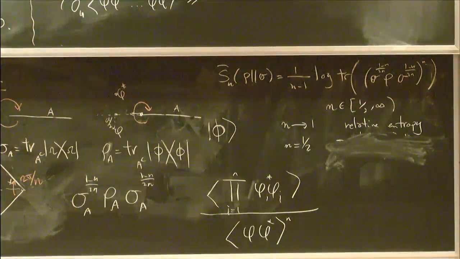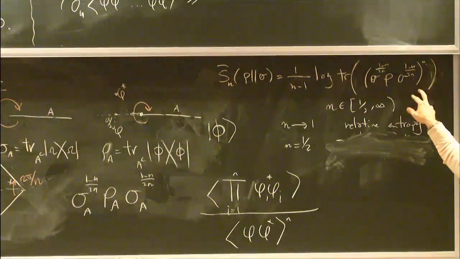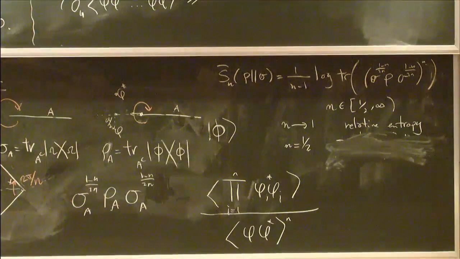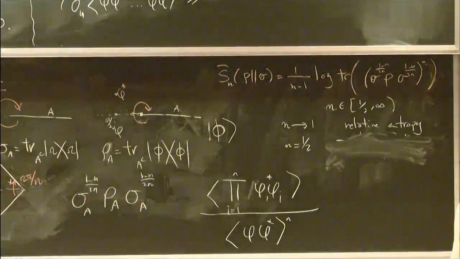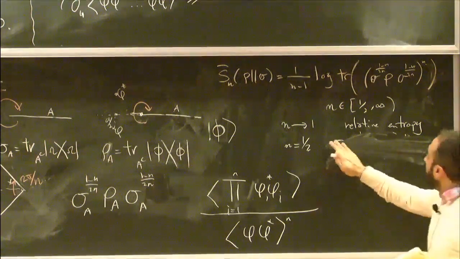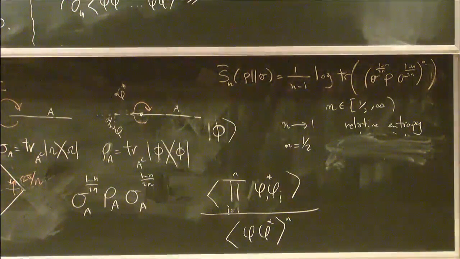All right, so let's do one little thing. Let's start with this and massage it and write it in a suggestive way that we're going to use later in part 3 that's going to be more appropriate for modular theory. So how are we going to do this? First of all, remember the definition of a p-norm.